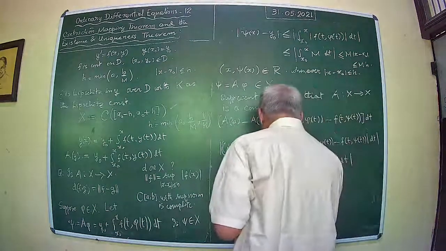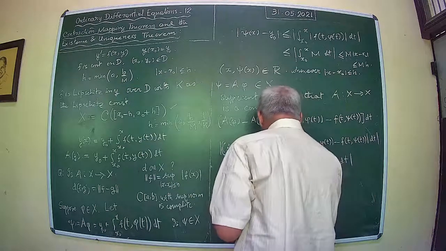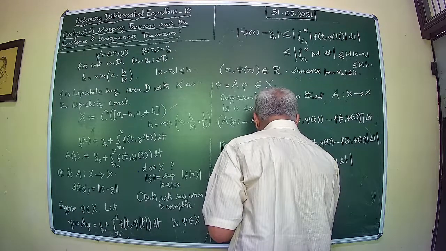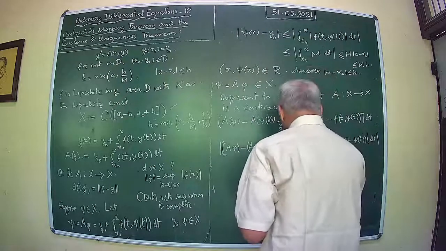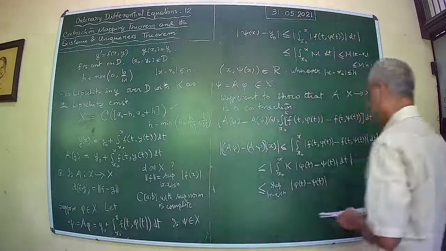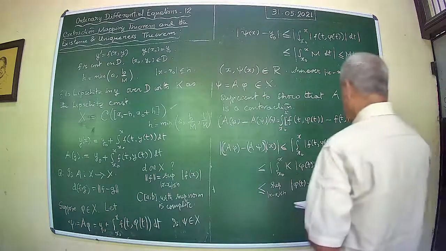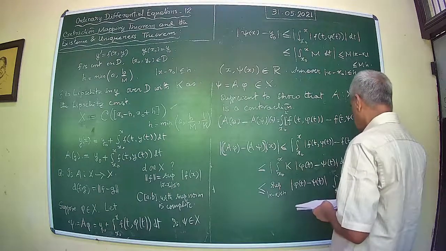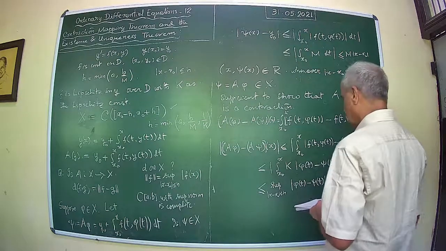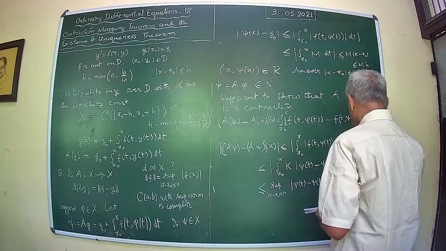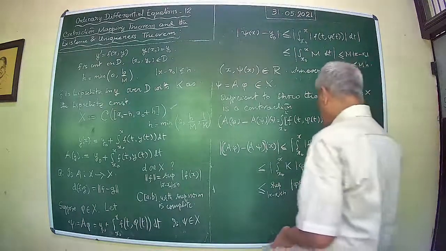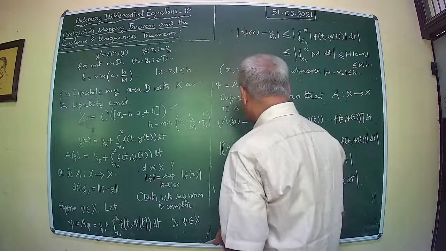Which is less than or equal to, take the supremum of this over t. Then you have got the integral of k times the sup of mod phi minus psi.